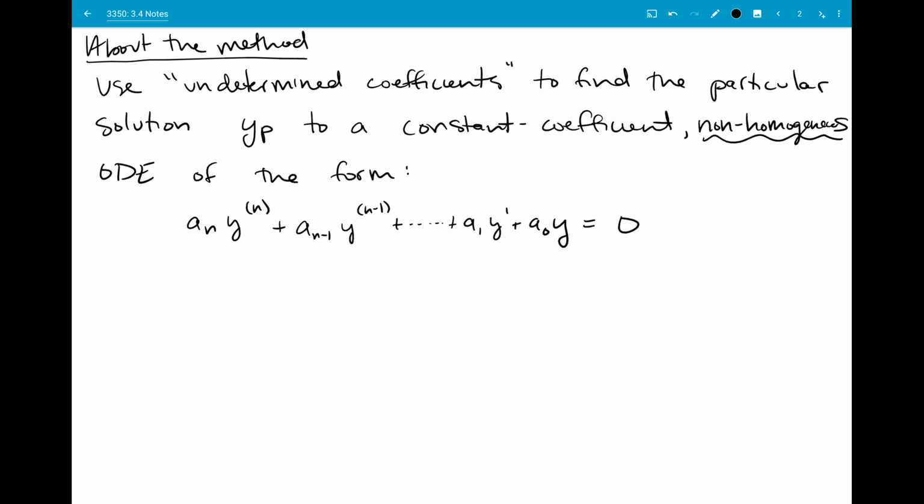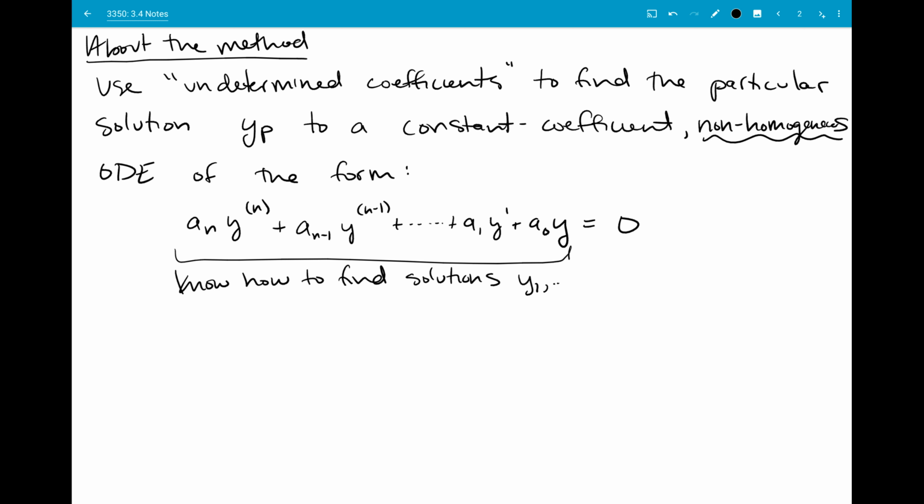And when we would do that, we would find the fundamental solution set, y1 through yn, of the form y1 equal to e to the m1x, y2 equal to e to the m2x, and so on and so forth, down to yn.